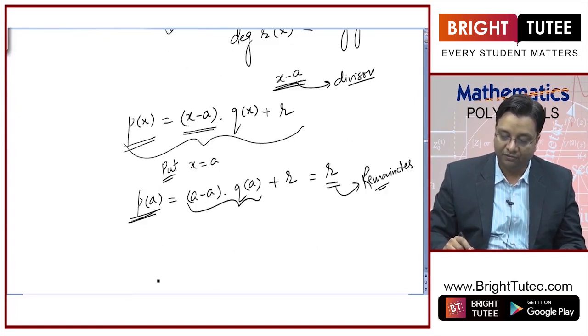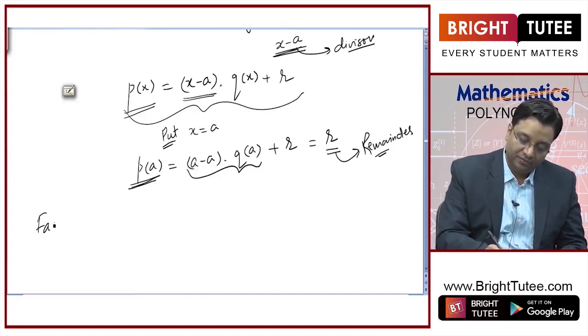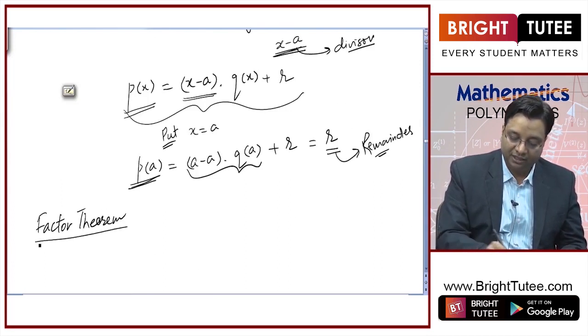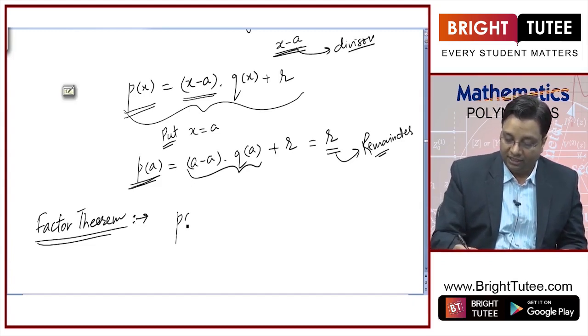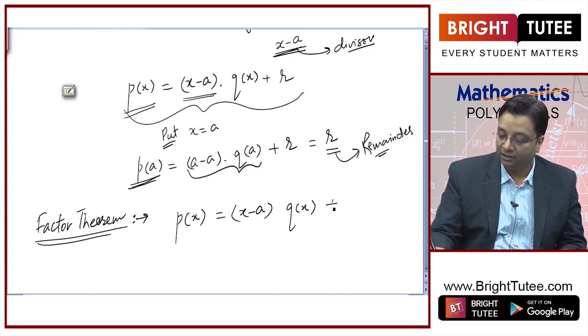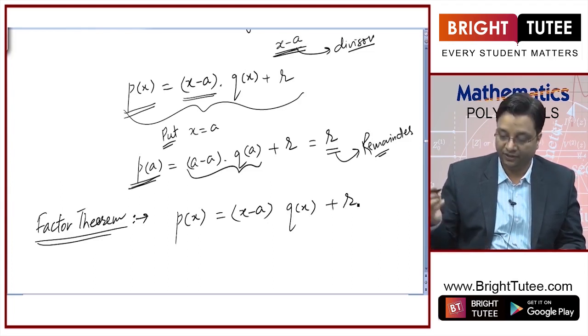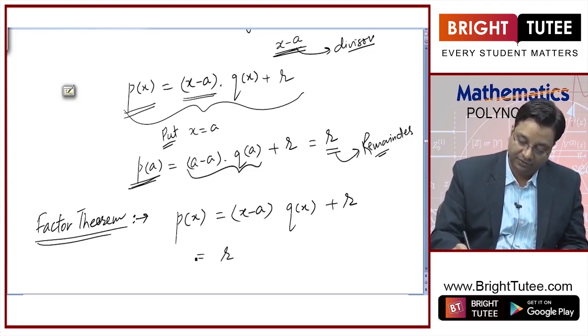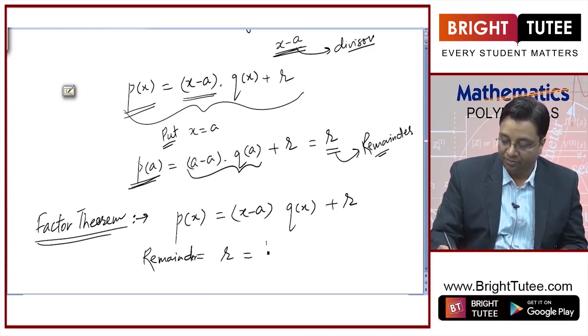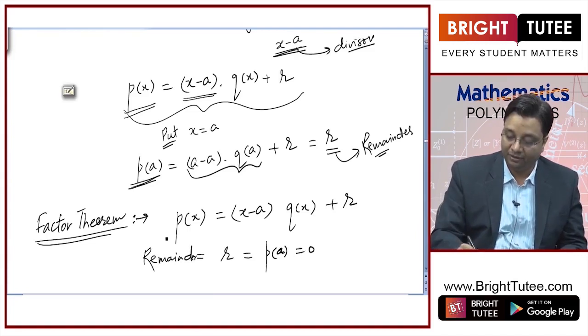Okay. Now we will look at it from the factor theorem perspective. I will teach you the factor theorem in this particular lecture. Let us write this expression once again. P of x is equal to x minus a into q of x plus r. Now tell me, if r, or P of a, is 0, what will happen to this expression?